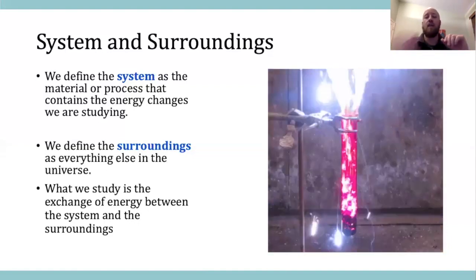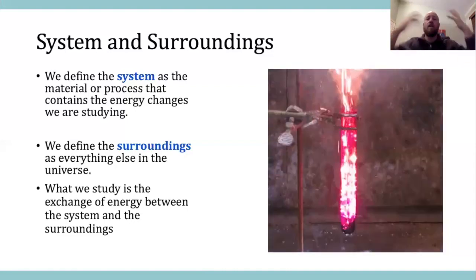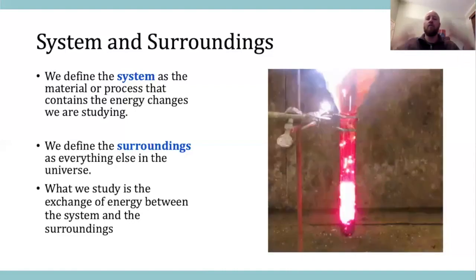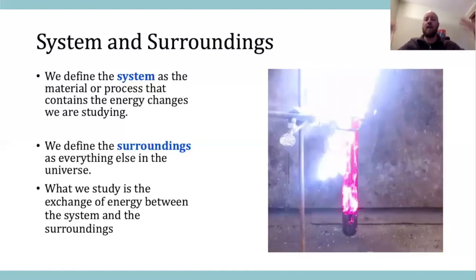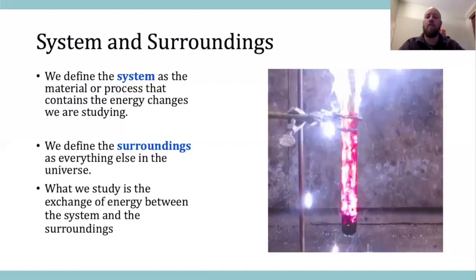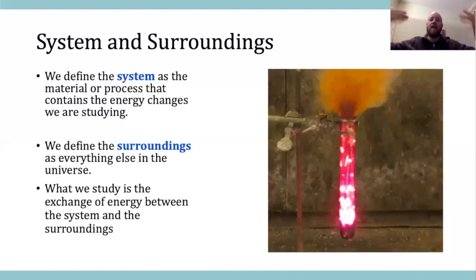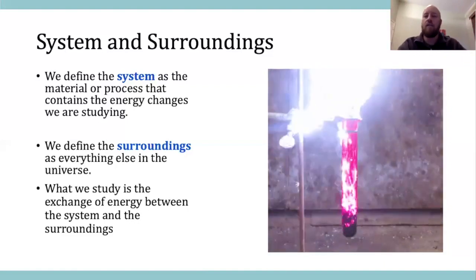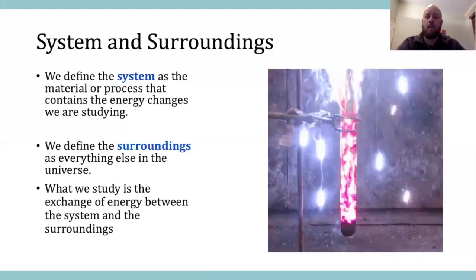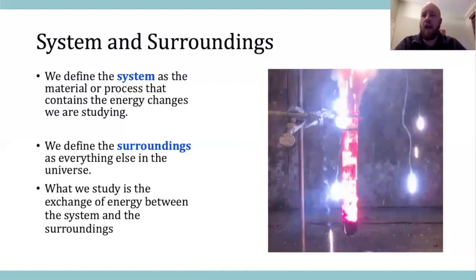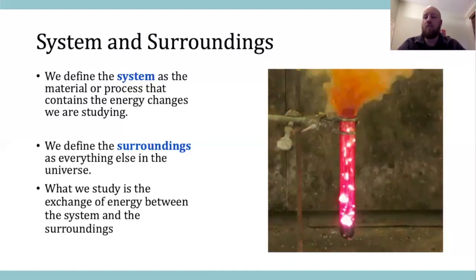So if the chemical reaction is giving off heat and it's getting super hot, the surroundings are gaining heat and getting hotter, right? So the temperature of the surroundings is going up, so it is gaining that heat, okay? The system is giving off heat. Okay, so it's kind of like that oxidation reduction, acid base kind of stuff that we've talked about before.